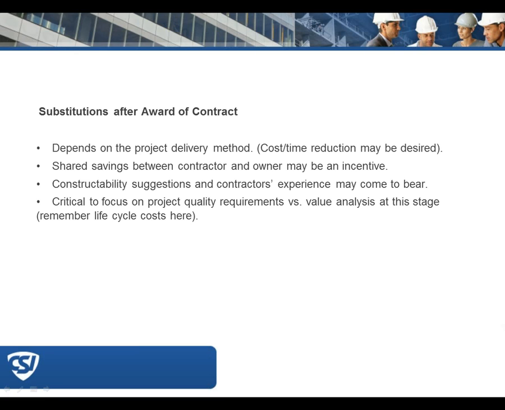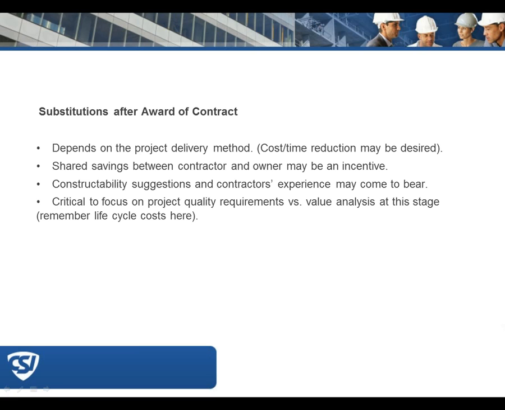Some contracts have a shared savings clause between the contractor and the owner, and there might be an incentive there to consider a substitution. Again, all things considered, it being an equal product, but not listed in the specifications, that might be a time to consider it.